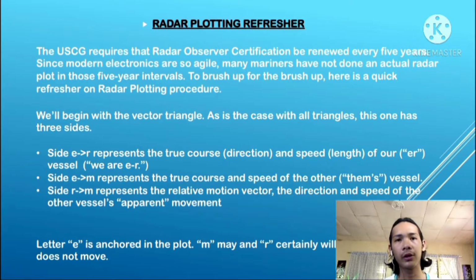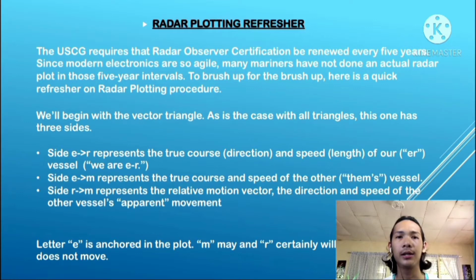For example, at time 0000 hours we are at a position labeled E. By 10 minutes we have moved 5 nautical miles, and that would be marked as R. So the direction of E to R is our true course, and the speed is determined by the distance of E to R.